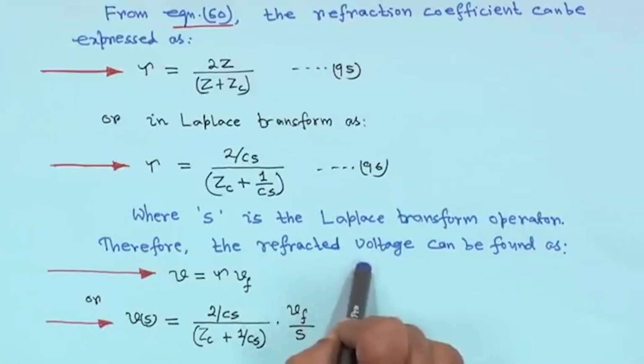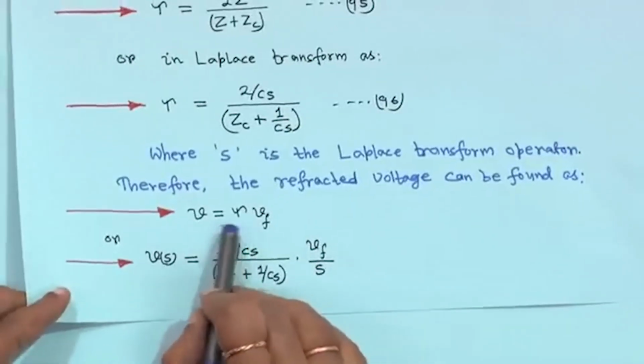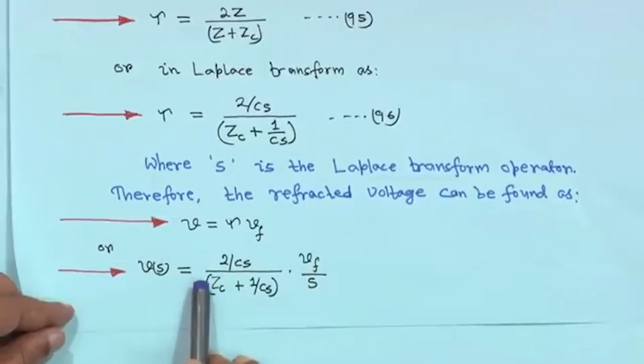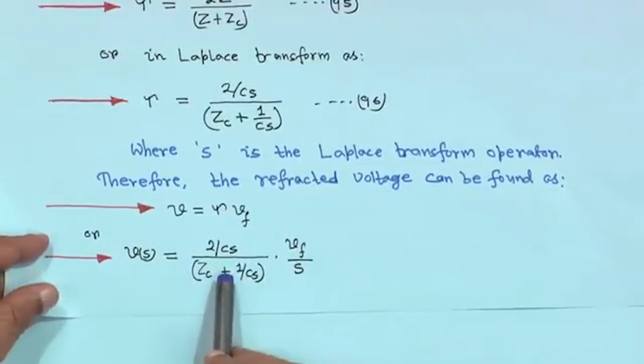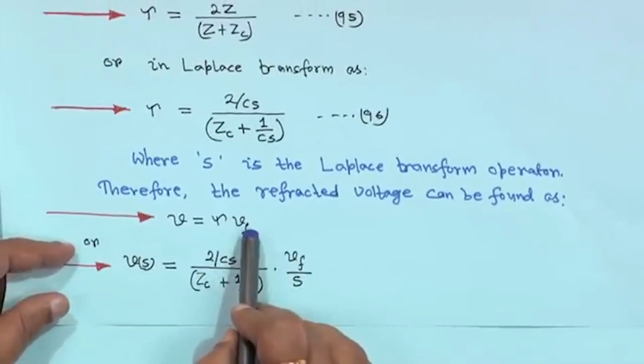Therefore, the refracted voltage, we know V is equal to tau into Vf, and tau is this much. Therefore Vs is equal to 2 upon Cs divided by Zc plus 1 upon Cs, and it is a step disturbance.